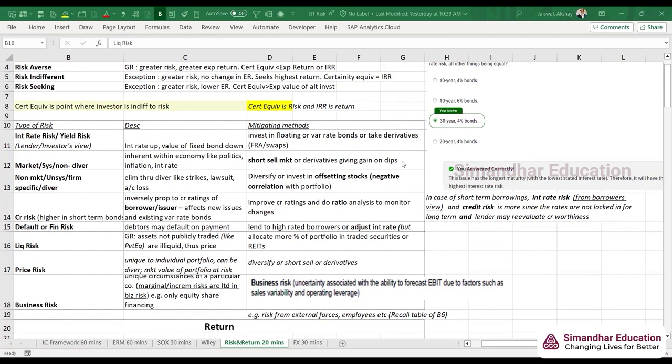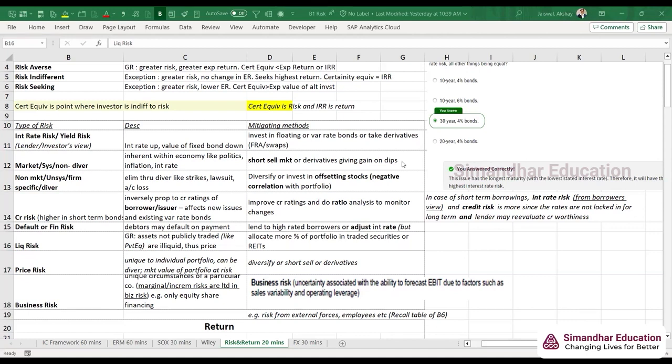So what can we do? Simply, instead of real estate, there is something called REITs, real estate investment trusts. We can invest in that. That is more liquid than real estate itself. Or simply we buy listed securities, right?